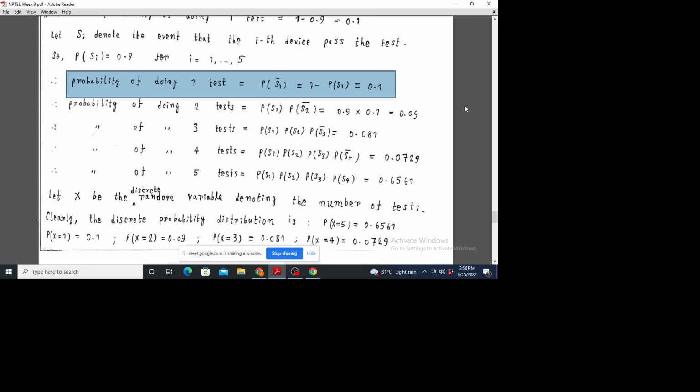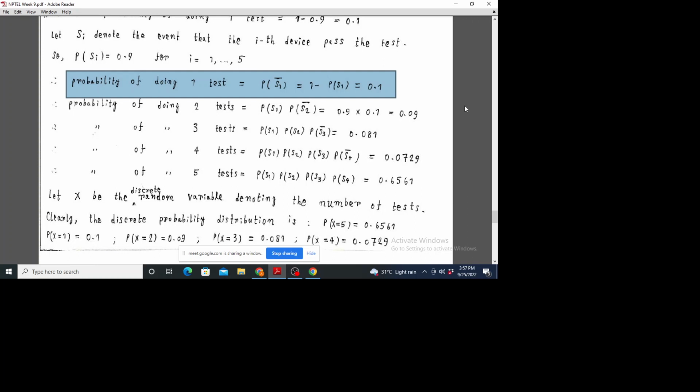As I just said, the number of tests can vary from 1 to 5, so it is a discrete random variable that can take values from 1 to 5, and for it to take different values, there are different probabilities associated.